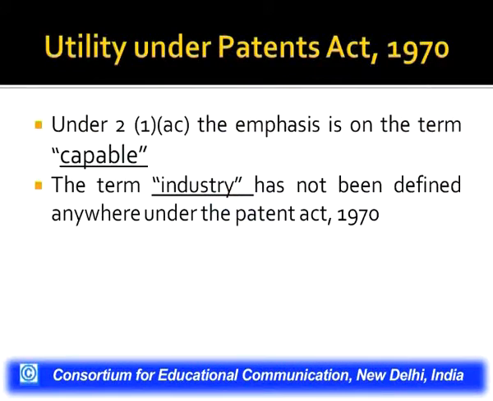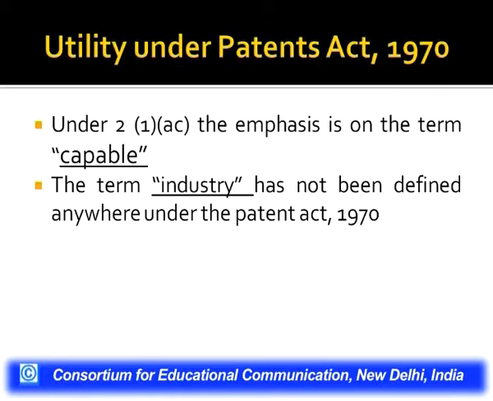The other thing which is noticeable under 21AC is the term industry. Well friends, as I said, the term industry has not been defined anywhere under the Patents Act 1970, and even in the Patents Rules 2003, the term industry has not been defined. So what kind of a meaning can be attributed to the word industry?